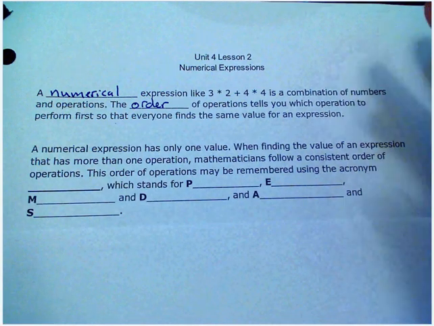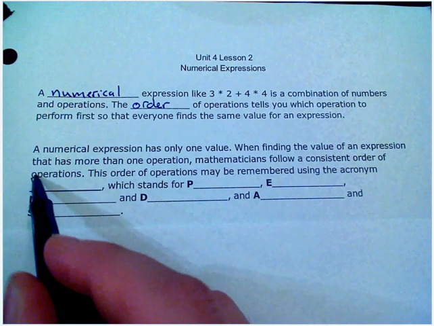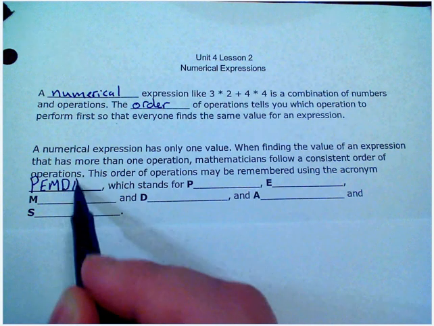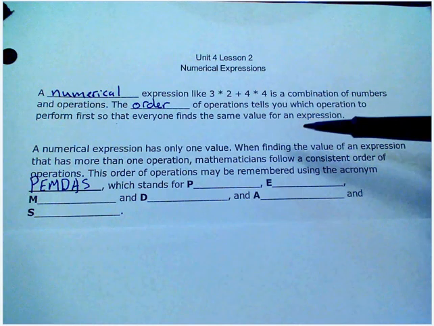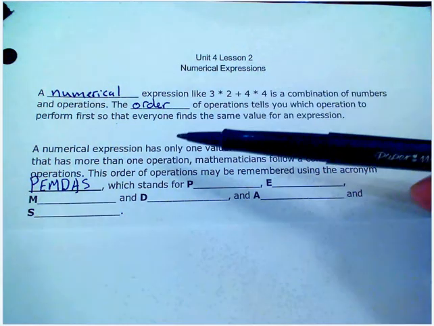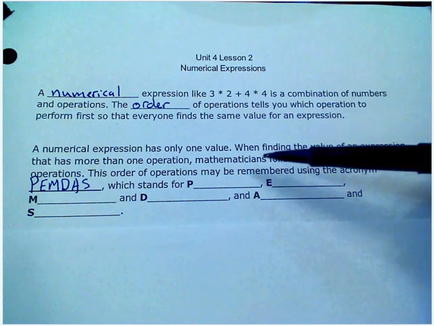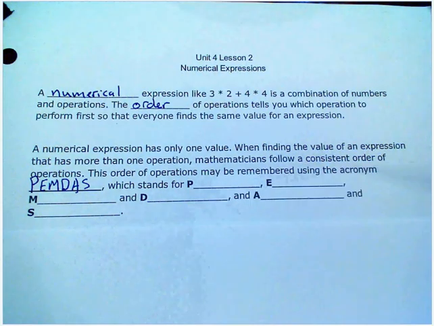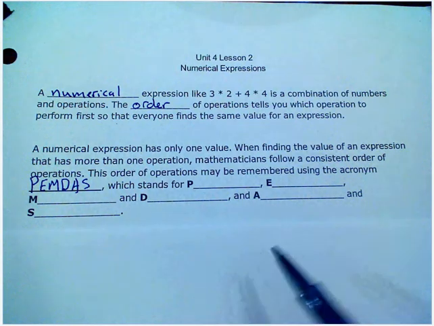I'm sure you've heard the acronym before of PEMDAS. A numerical expression has only one value. When finding the value of an expression that has more than one operation, mathematicians follow a consistent order of operations. This order of operations may be remembered using the acronym PEMDAS, which stands for parentheses, exponents, multiplication and/or division, and addition and/or subtraction.